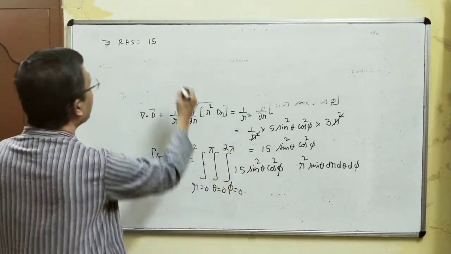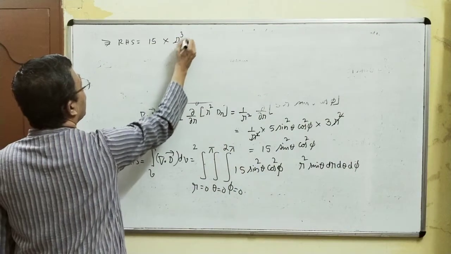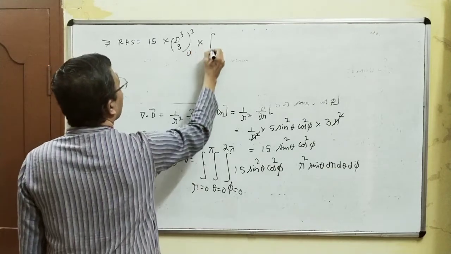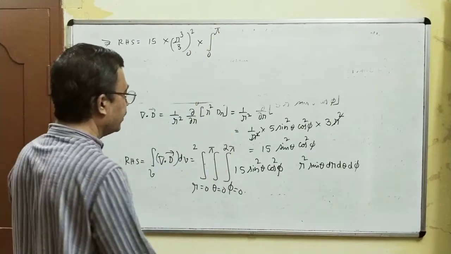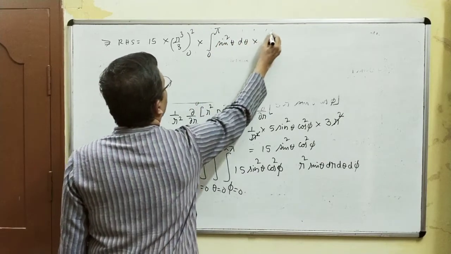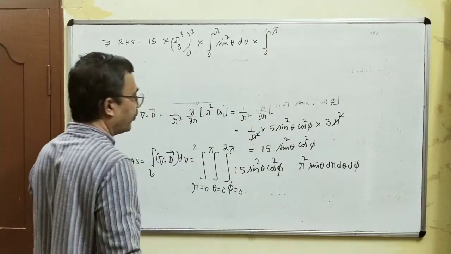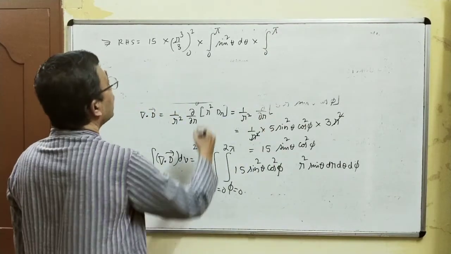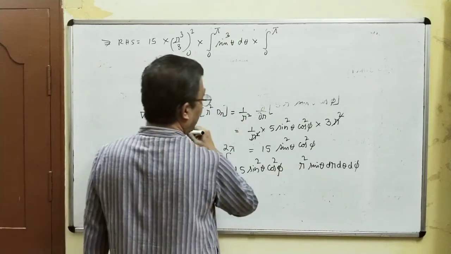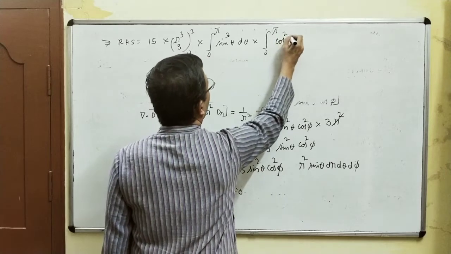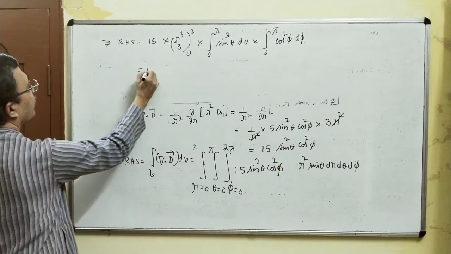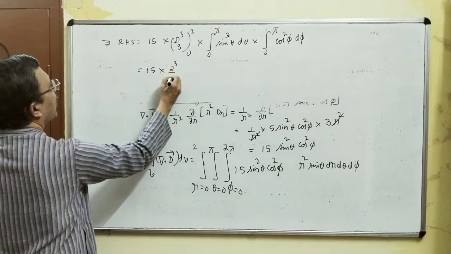R square, if you integrate, you get R cube by 3 between 0 and 2, into integral 0 to pi sine square theta d theta, integral 0 to pi sine cube theta d theta, sine square theta into sine theta, 0 to pi cos square phi d phi. So this is 15 into 2 cube by 3.